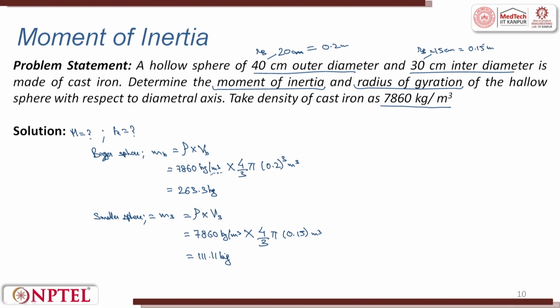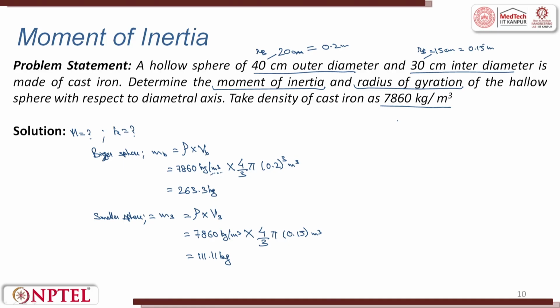So what is the rationale of taking this mass? Because I need to understand the moment of inertia of a solid sphere. There are different relations which are already given. For example, the moment of inertia I for a sphere is equal to 2 by 5 m r squared.